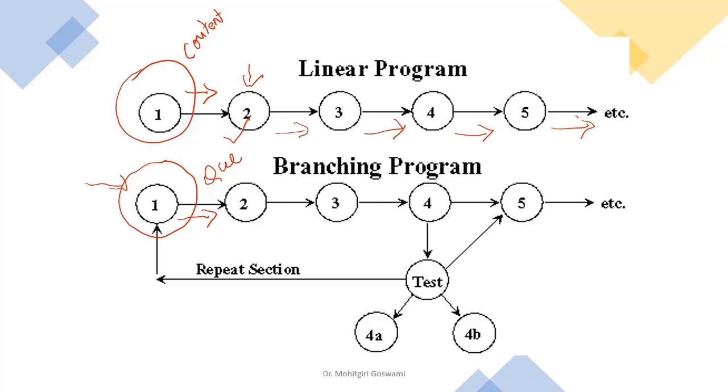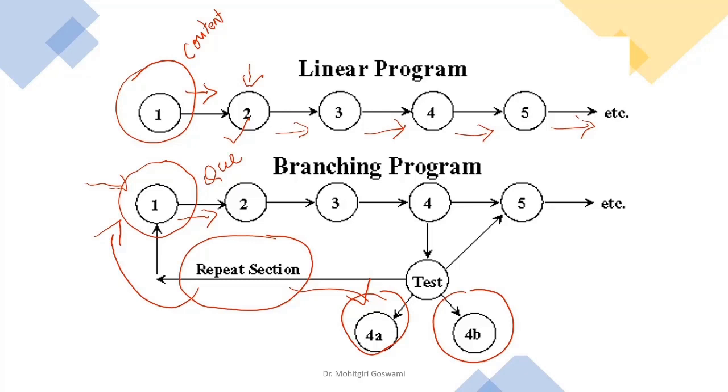But if his answer is false, then he will either be directed to the first frame or he will be redirected to the subframes of the unit to correct his answer. And after correcting his mistake, he will again be redirected to the main line. So this is the main difference between a linear program and a branching program.